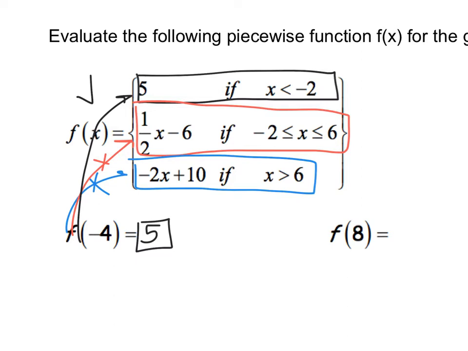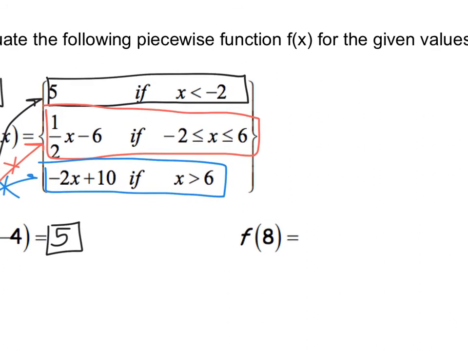Now we're going to go on to our next example, f of 8. You should be trying to do this one by yourself. But if you're still stuck, we have to ask ourselves the question, is 8 less than -2? Nope. Is 8 in between -2 and 6? Nope. Is 8 larger than 6? You betcha. So I'm going to plug it into -2x plus 10.